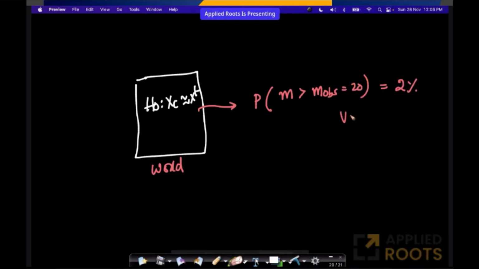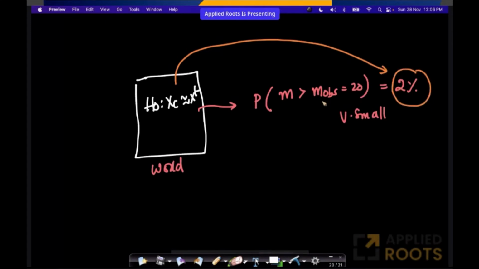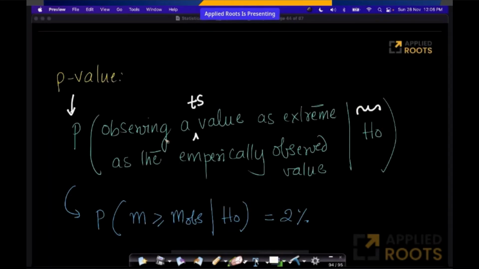But very importantly, in this world, there is still a 2% chance of observing this extreme value. It's not 0%. So when I'm rejecting my null hypothesis, there might be some error associated with it. That's the key, and I'll come to the types of errors.